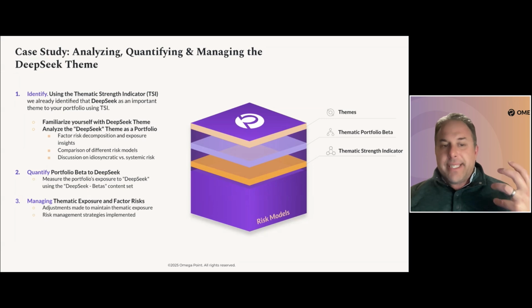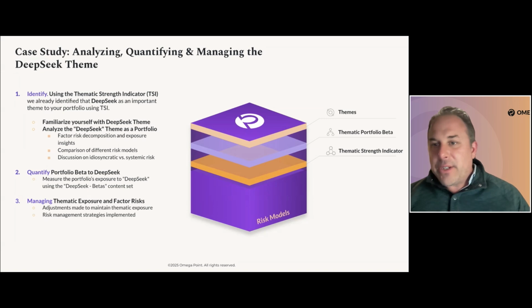We want you to take that theme and understand how it looks in the market. Based on some of Brett's questions earlier, you shouldn't just take a theme for granted and say what it is. Understand what it is. Look at its own factor characteristics, decompose it, and compare it across different risk models. Understand how much of that theme appears to overlap with existing factors.